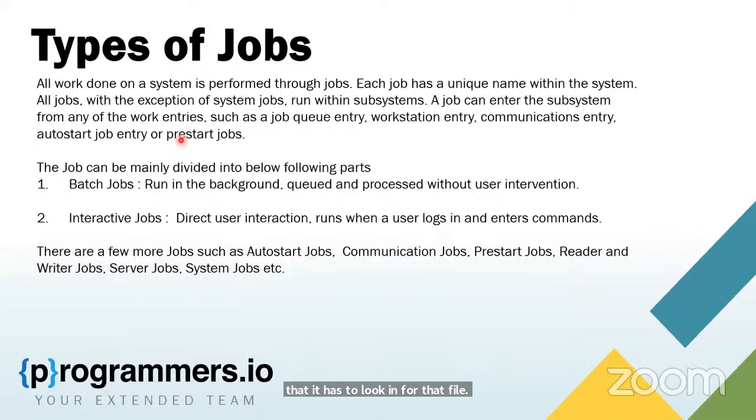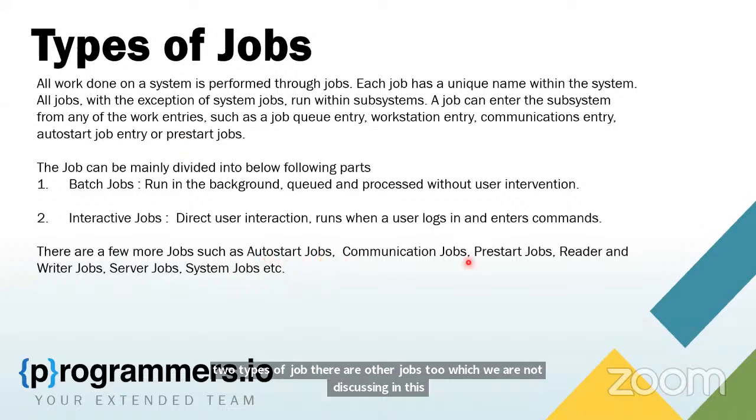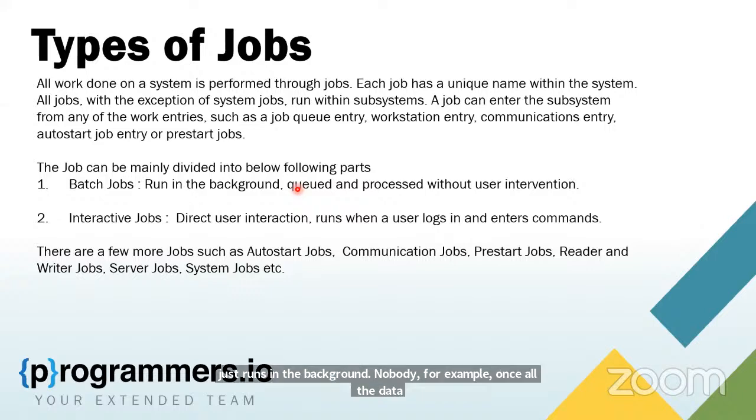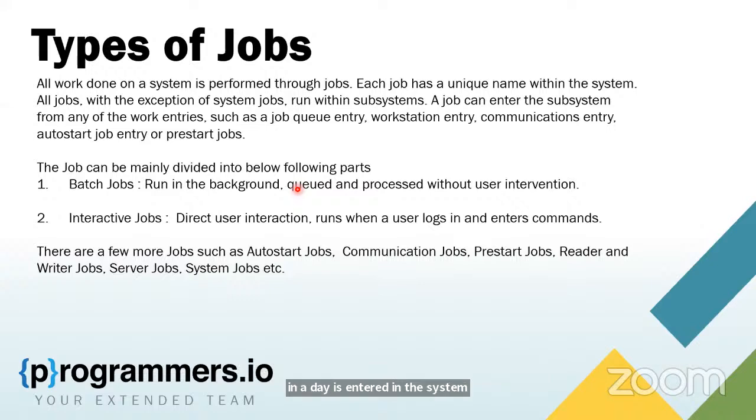So, types of job. As I said a little bit earlier, there are mainly two types of job. There are other jobs too, which we are not discussing in this session. I'll just briefly touch on the other types of jobs. But the main two types of jobs are the batch jobs and the interactive jobs. Batch jobs just run in the background. For example, once all the data in a day is entered in the system from different display screens, customers come in, they create new accounts, or some people place new orders, or people book tickets at a railway station, all this data is there.